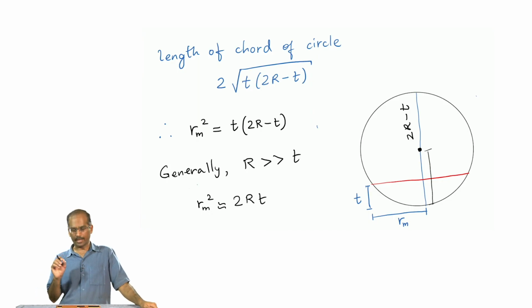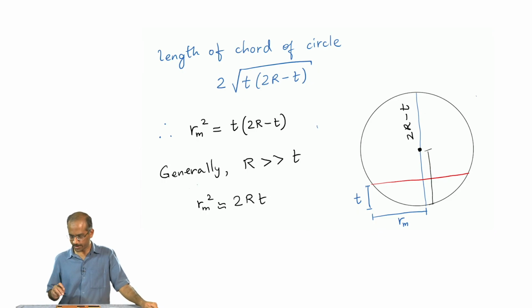So, if I am looking at the mth fringe, Rm would denote the distance of that fringe from 0, from the center.